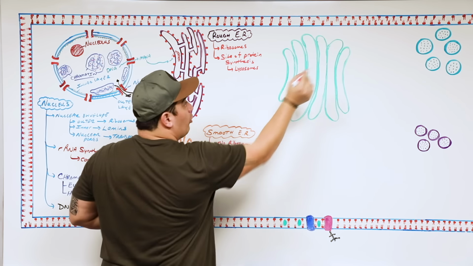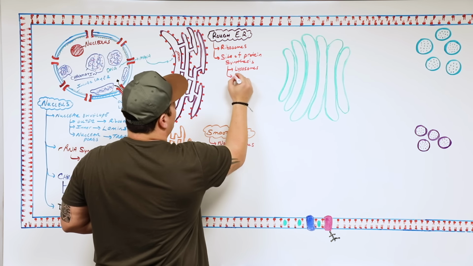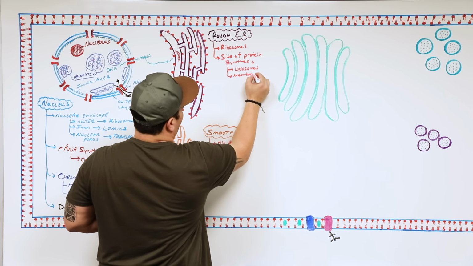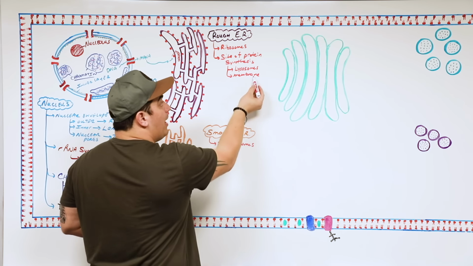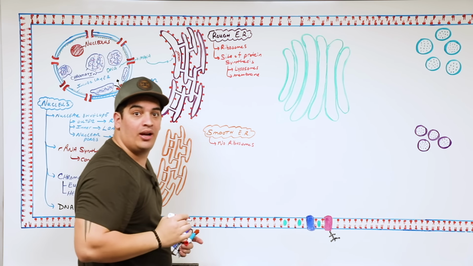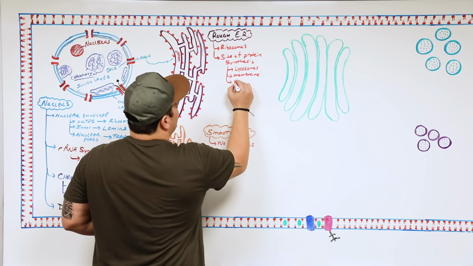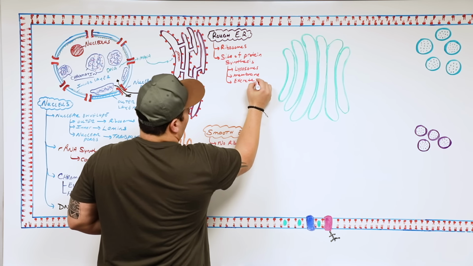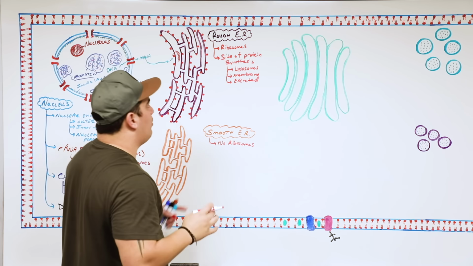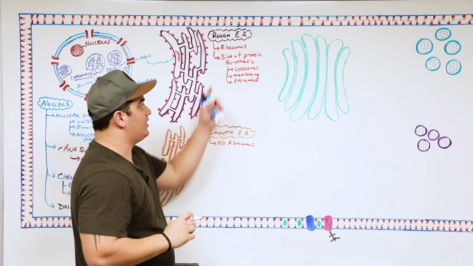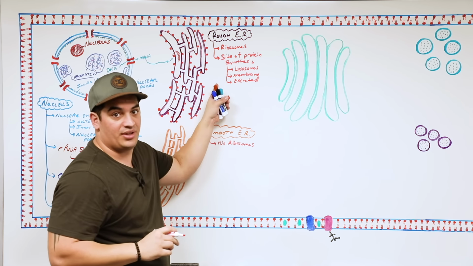So proteins that will be incorporated into our lysosomes, proteins that will get incorporated into the different organelles, like the membranes of organelles or the cell membrane, or proteins that will be excreted. So that is really the big thing that I want you to remember about the rough ER: site of protein synthesis, but particularly for these types of proteins.